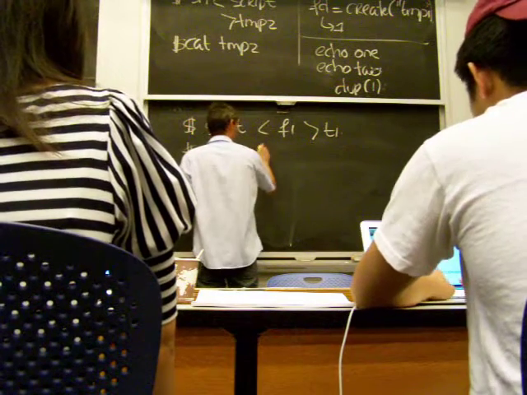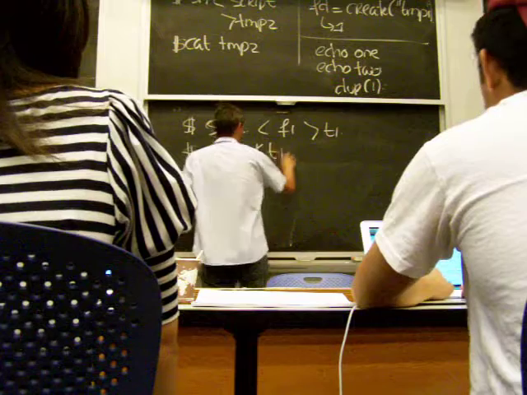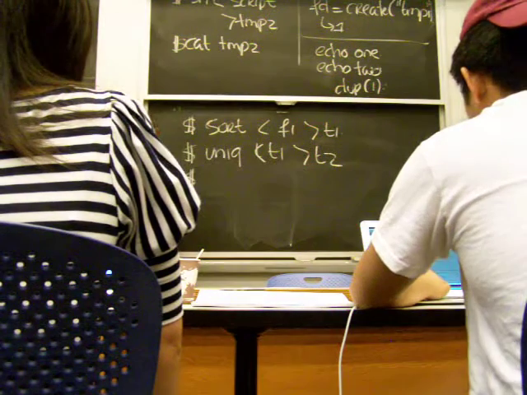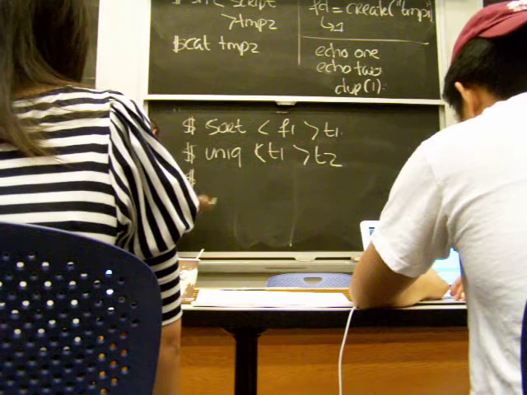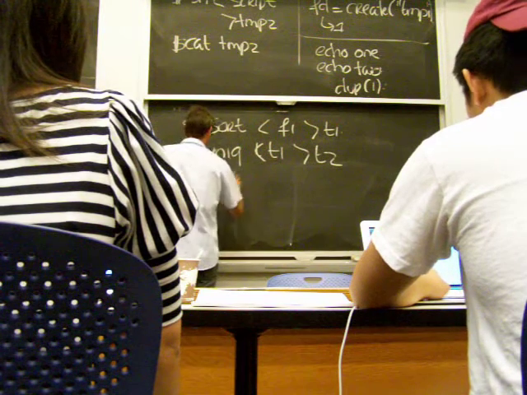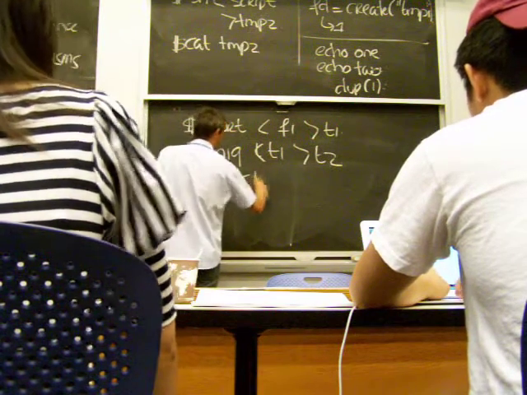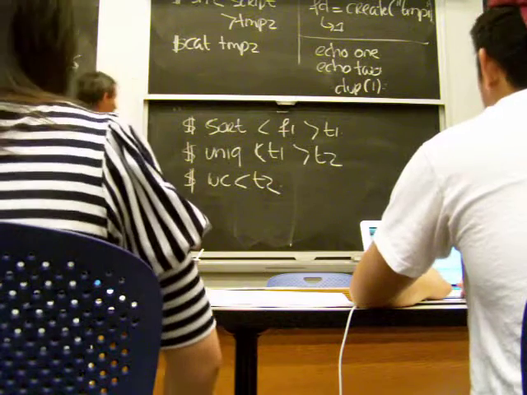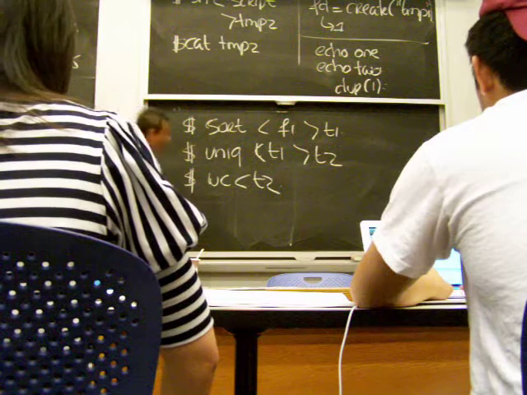You could write uniq with temp1 into temp2, and let's say then you want to word count how many unique words there were, you can write wc on temp2. Okay? And we'll take advantage of free standard Unix programs working on that.